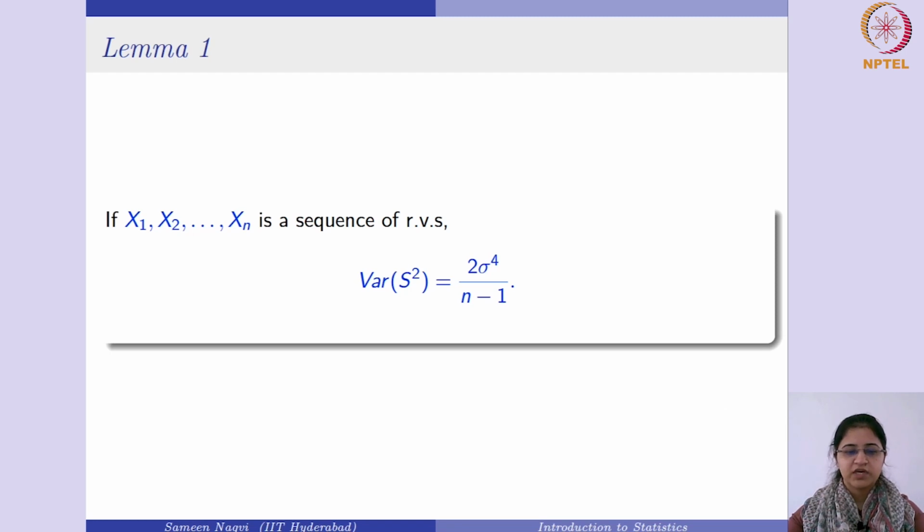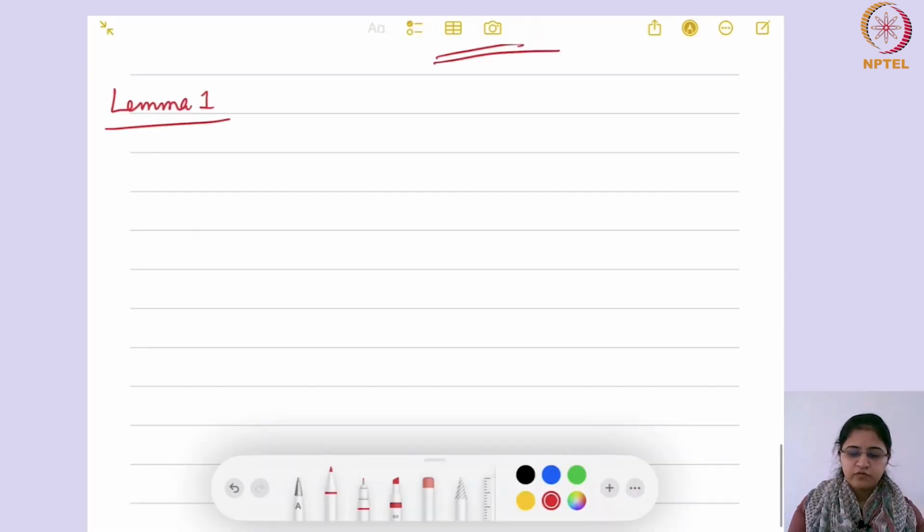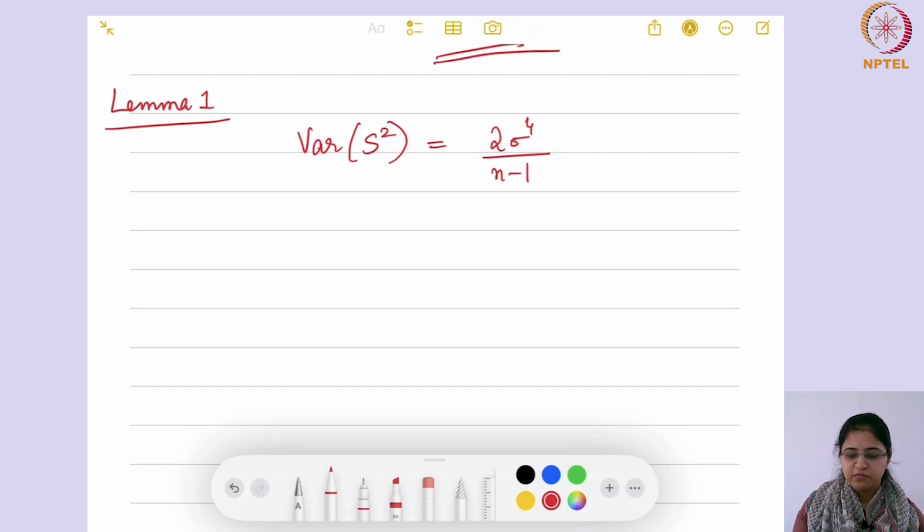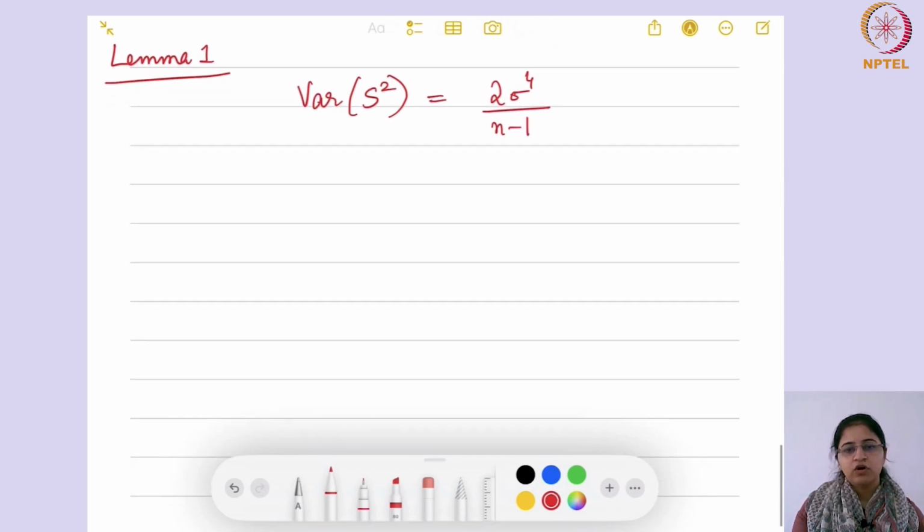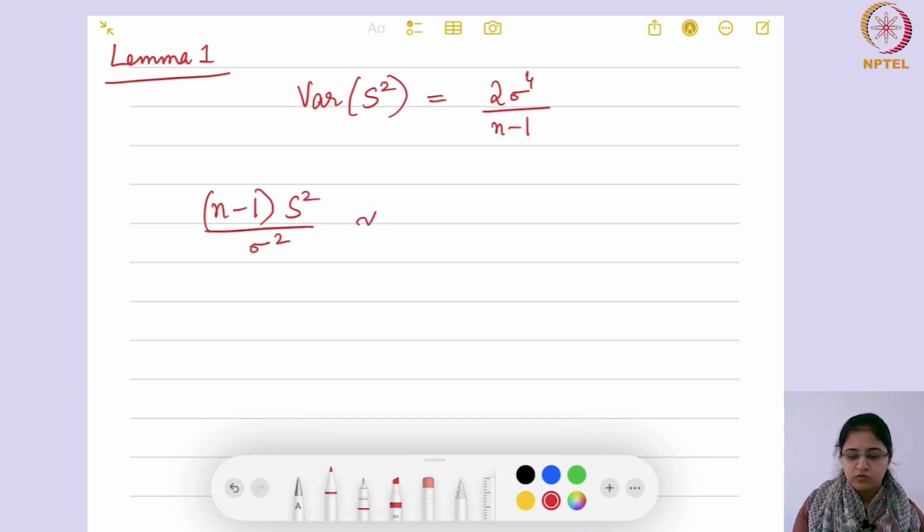So let us see how we can prove this. Here we have to prove basically that variance of S square will be twice sigma raised to the power 4 over n minus 1. Recall that in the last week, we have seen that n minus 1 times S square over sigma square follows chi-square distribution with n minus 1 degrees of freedom.